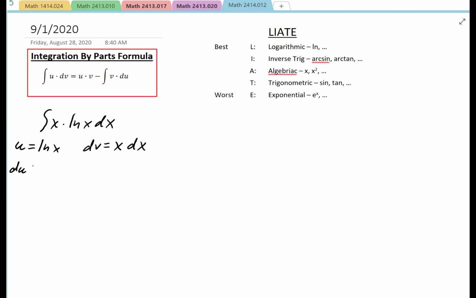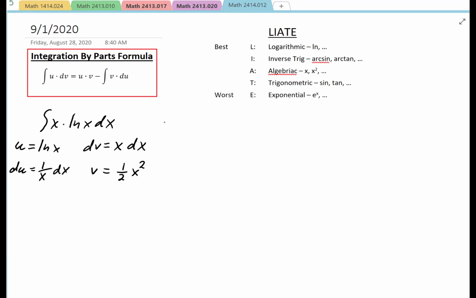Okay, then du is going to be 1 over x dx. And recall from the previous example, to get v, we took the antiderivative of this equation. So v is going to be 1/2 x squared.